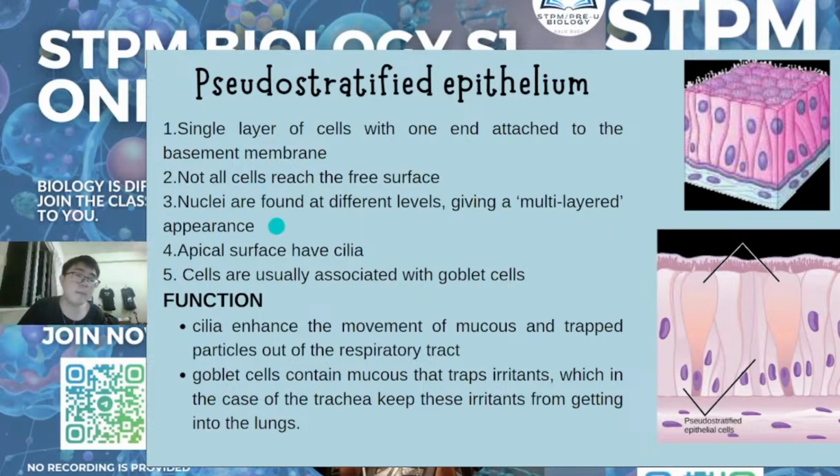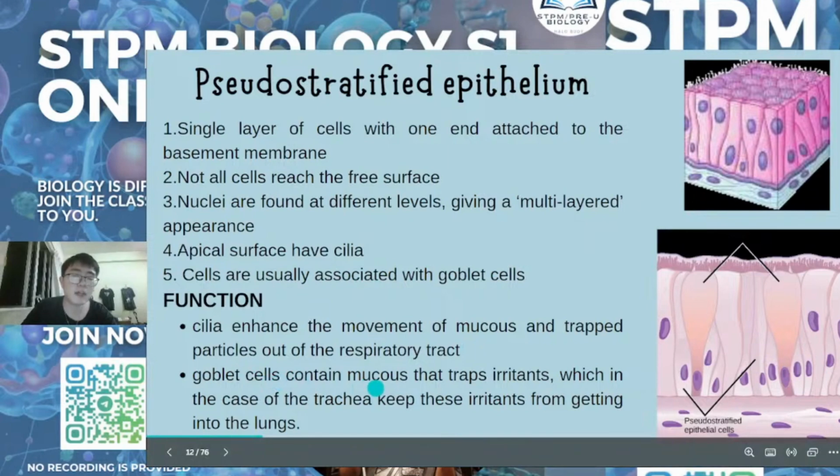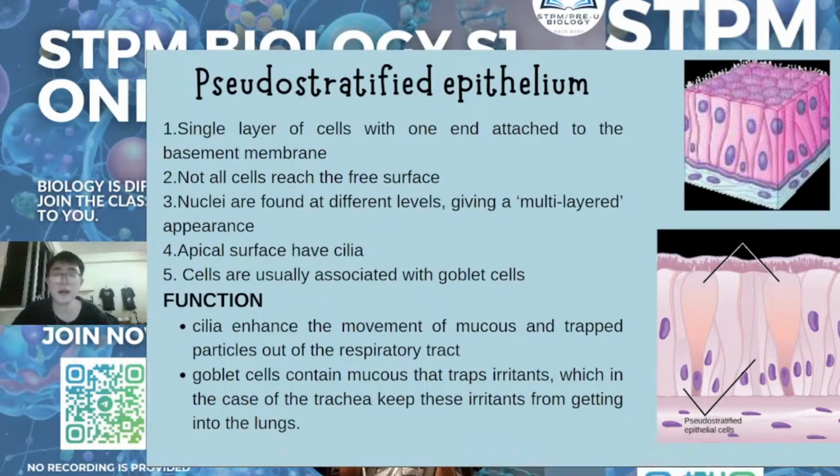The apical surface also has cilia, and this tissue also has goblet cells. These cells are normally found in the respiratory tract, and the goblet cells contain mucus that is emitted, for example in the trachea. Normally the function is the same as the columnar.